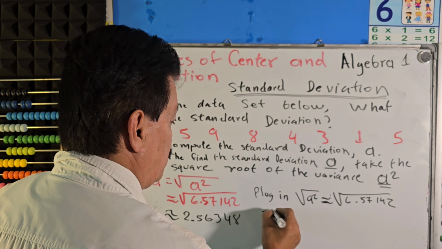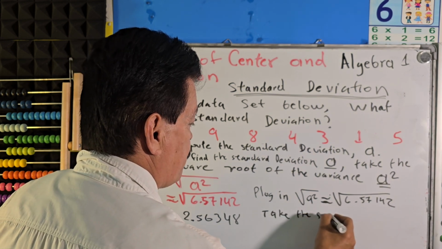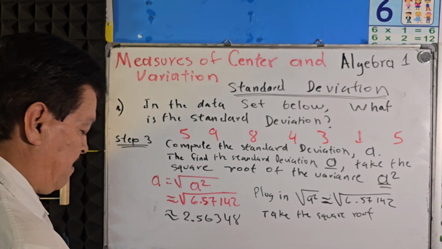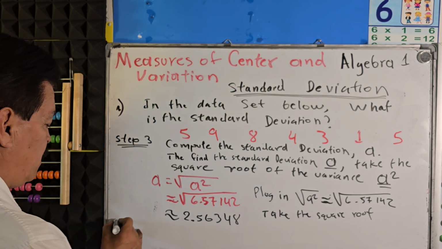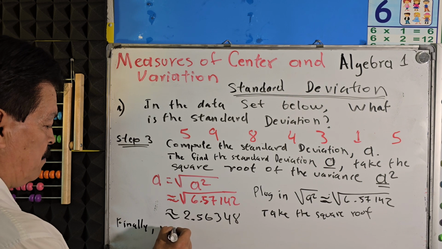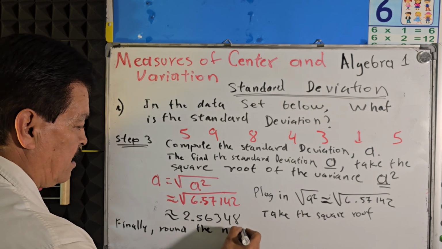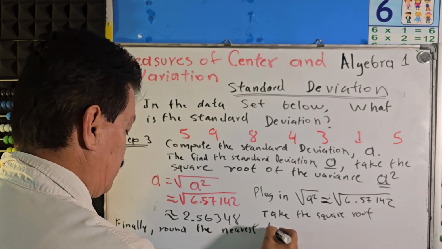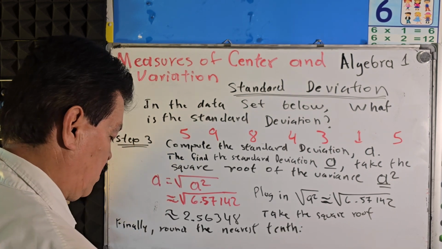Here, take the square root. Finally, round to the nearest tenth.